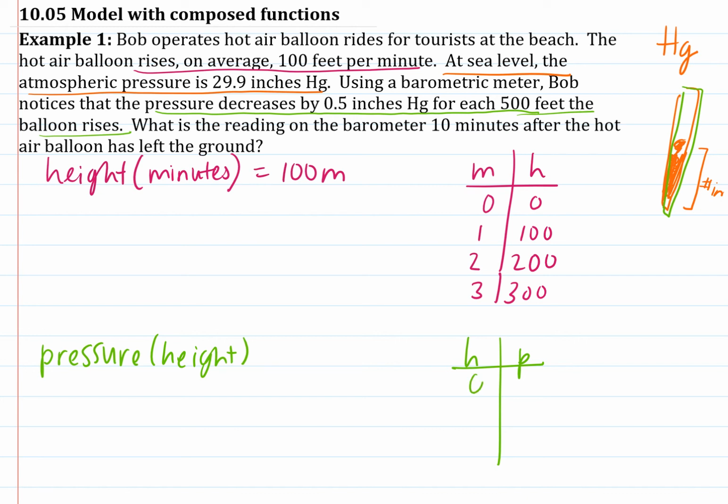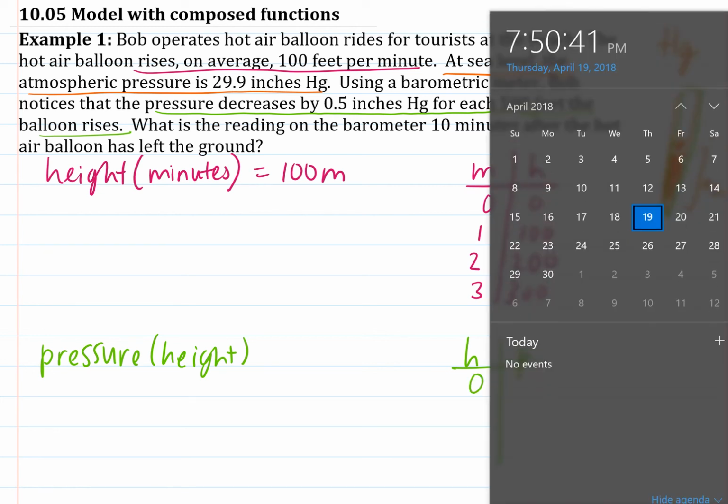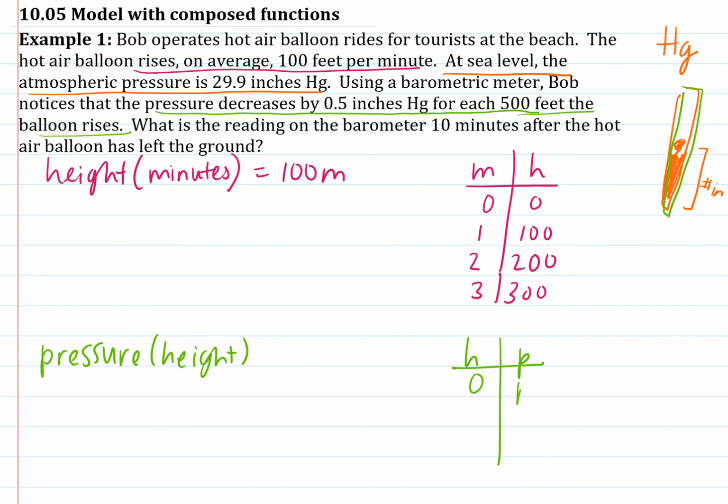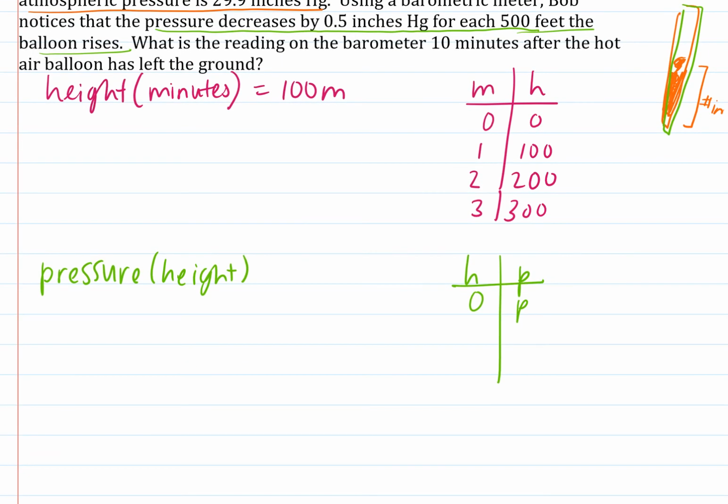It's saying whatever the pressure is here, if we go up 500 feet, it'll go down by 0.5. Then we go up another 500 feet, it'll go down another 0.5. And then we go up another 500 feet, the pressure will decrease another 0.5 inches of mercury.